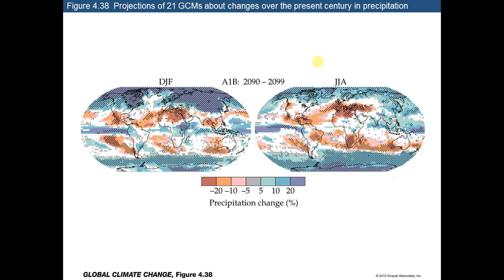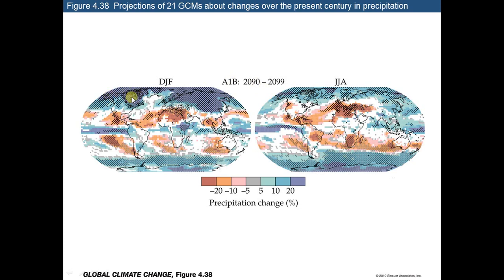Okay, and so we're seeing how does precipitation change for parts of the world in these different seasons, and how much? All right, so what do you see? Well, look, first of all, some of the largest precipitation changes you see are over the polar regions.